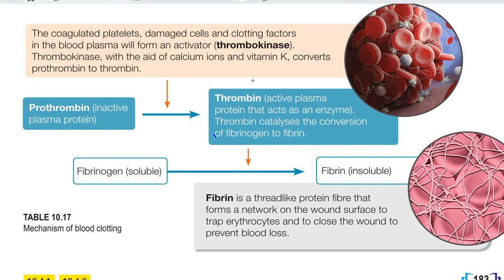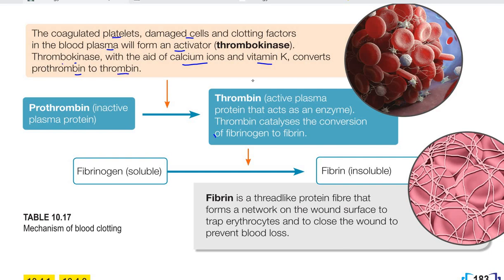The coagulated platelets, damaged cells, and clotting factors in the blood plasma will form an activator known as thrombokinase. This is what happens when the blood vessel is damaged or cut. So the thrombokinase, with the aid of calcium ions and vitamin K, converts prothrombin to thrombin. So, prothrombin to thrombin.